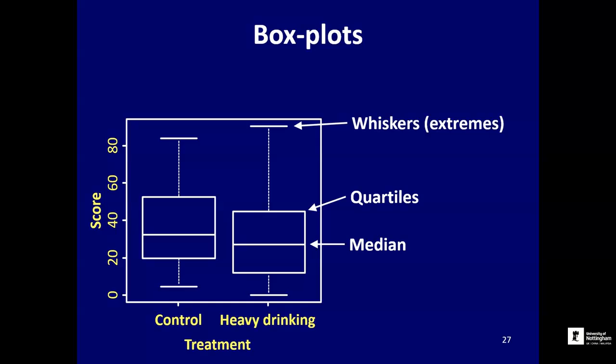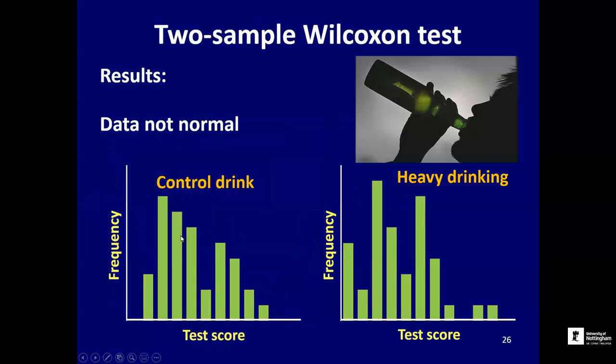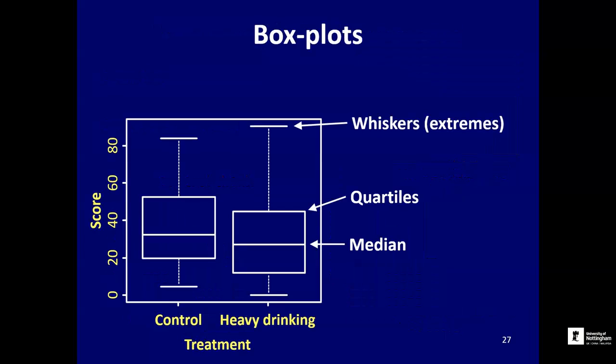So a box plot shows you the distribution of the data divided into 4 chunks using these whiskers and quartiles. And it's a standard way of presenting data, especially where the distribution is not very symmetrical, not very normal. Anyway, the reason I've plotted it here is so that you can see, perhaps more easily than on this rather messy set of frequency histograms, that the test scores of the 2 groups of students are fairly similar.